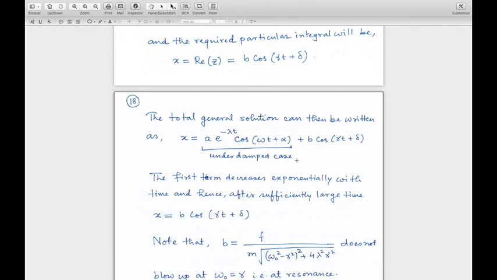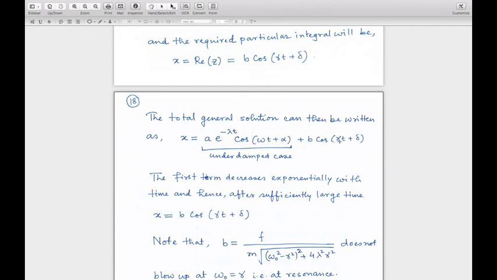So we just take an oscillatory solution, and that is the case where lambda was less than omega 0. For the case without forcing we have this solution a e to the power minus lambda t cos(omega t plus alpha), and the forcing part effect is coming through this term b cos(gamma t plus delta).